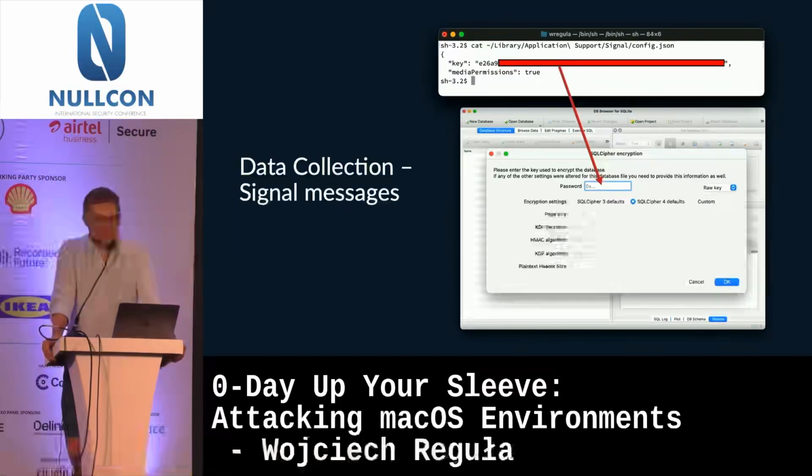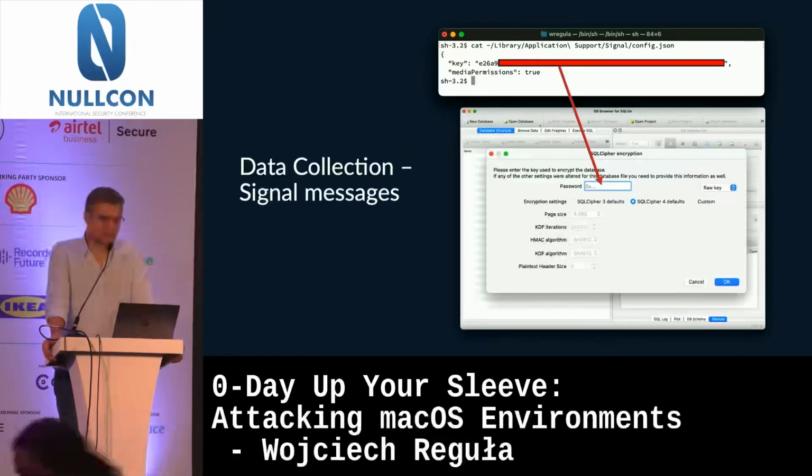But the thing with Signal is that Signal claims that they protect your data only in transit. They don't care about your endpoint security. So all your messages on Mac from Signal are encrypted. There is a database, an SQLite database, that's encrypted.